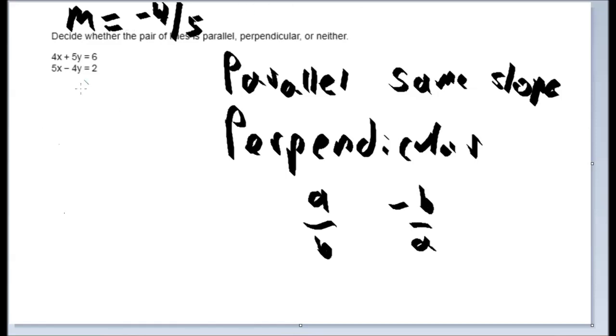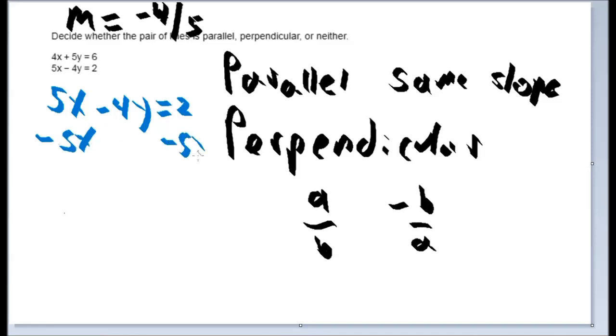Let's take a look at the second equation, which is 5x minus 4y is equal to 2. I'll subtract 5x from both sides to get negative 4y is equal to negative 5x plus 2.